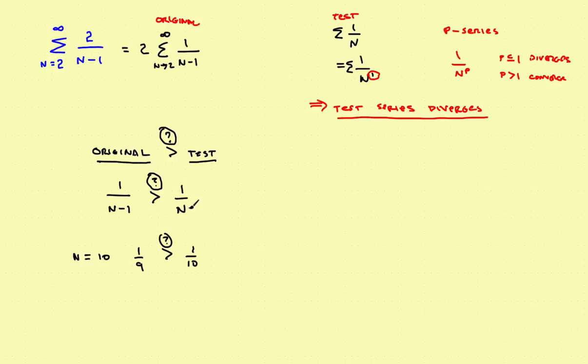So no matter what you pick for n, if you take away 1, this fraction will always be greater than this fraction. So what that does, that tells you that this is true. And that says that the original series, term by term as you go way off to the right, is greater than the test series.